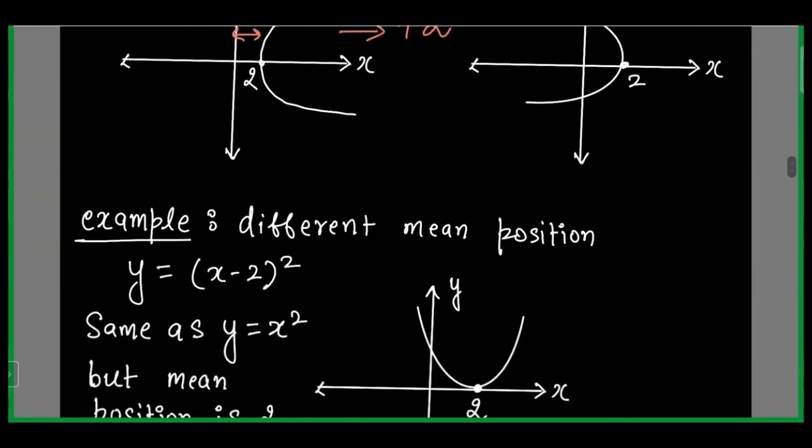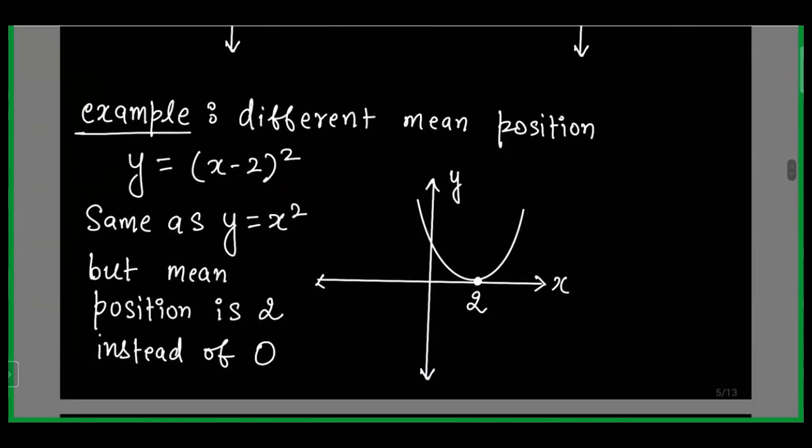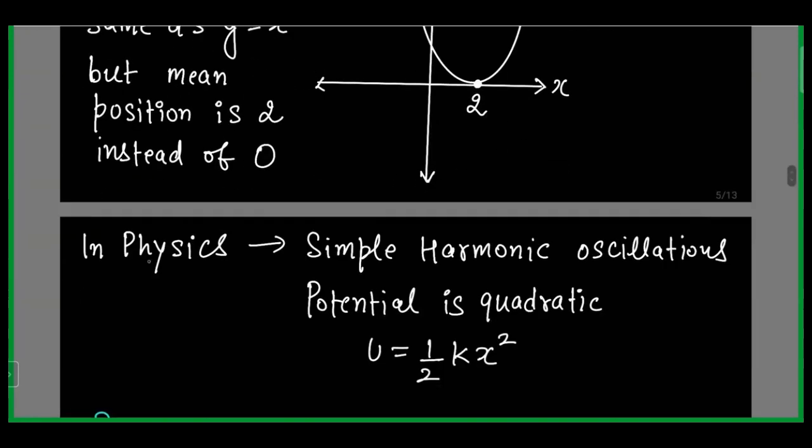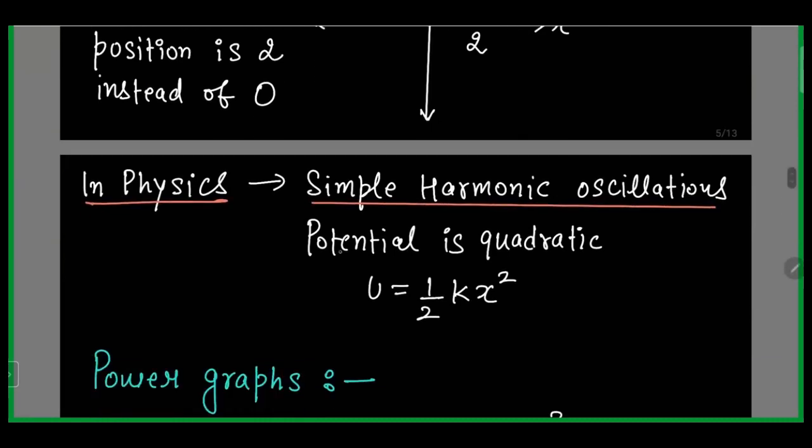Okay, so let me give you one more example. These kinds of examples you will actually see in harmonic oscillators. So in physics, there is a concept known as simple harmonic oscillations. Whenever there is a simple harmonic oscillation, the potential is quadratic.